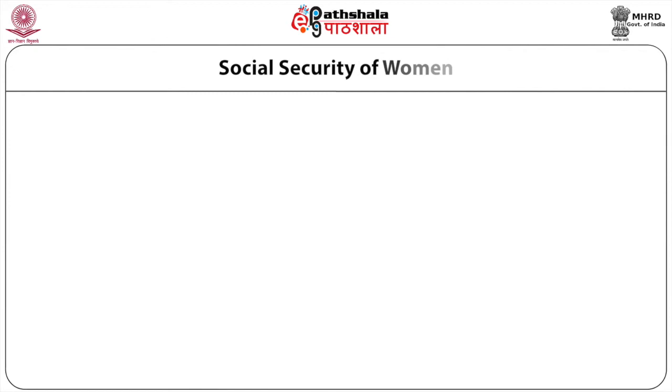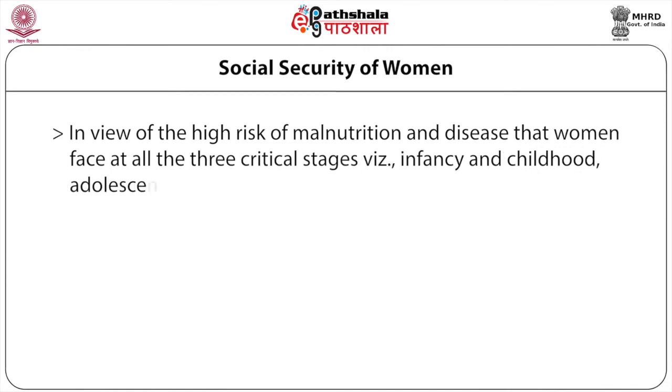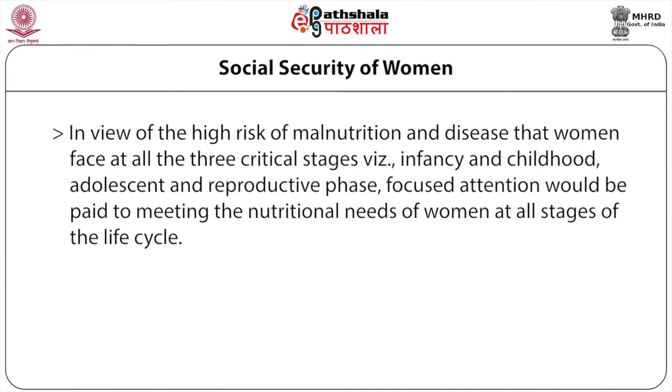And in terms of nutrition, the policy talks about the high risk of malnutrition and disease that women face in three critical stages: infancy and childhood, adolescence, and the reproductive phase. Focused attention should be paid to the nutritional standards of women at all stages of the life cycle.